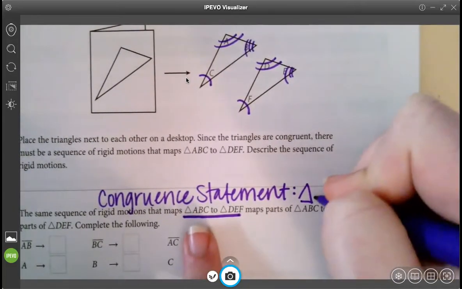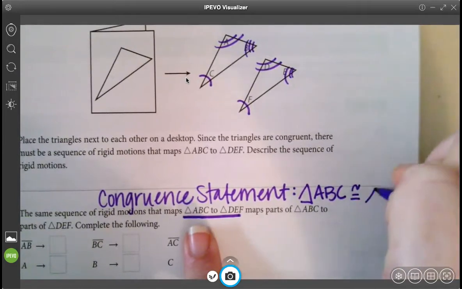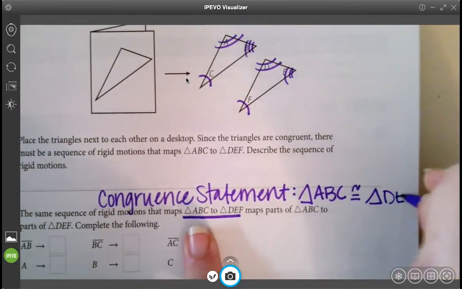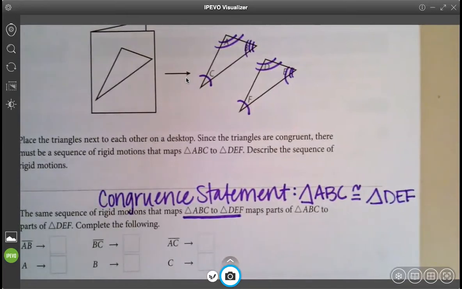And then we're going to put ABC is congruent to triangle DEF. If you have a congruence statement, you know 100% which parts match up. You don't have to rely on your eyes. You don't have to rely on a figure. This is all you need.